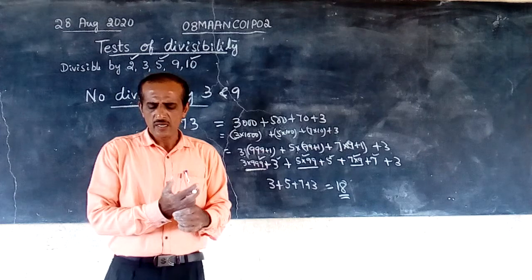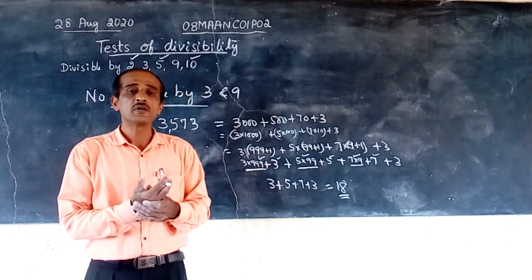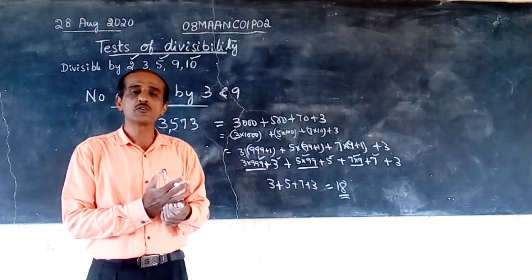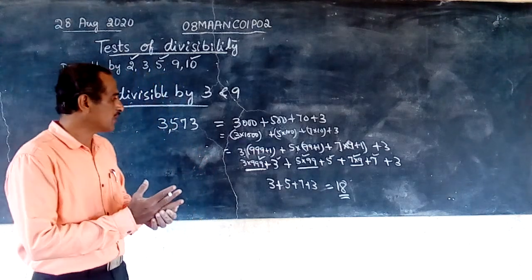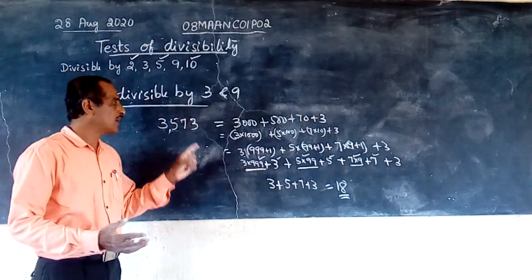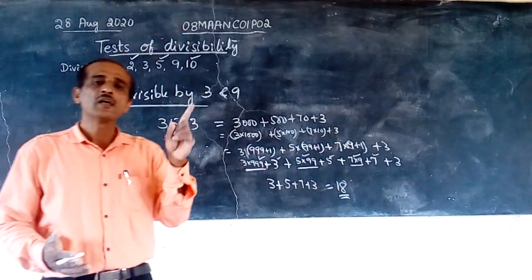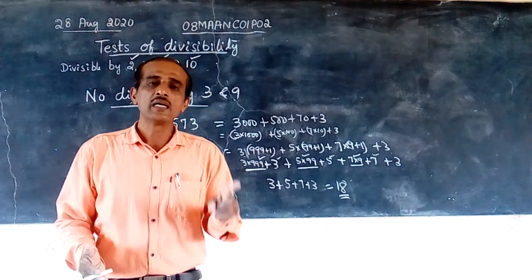So remember, any number is divisible by 9 if the sum of its digits is divisible by 9.